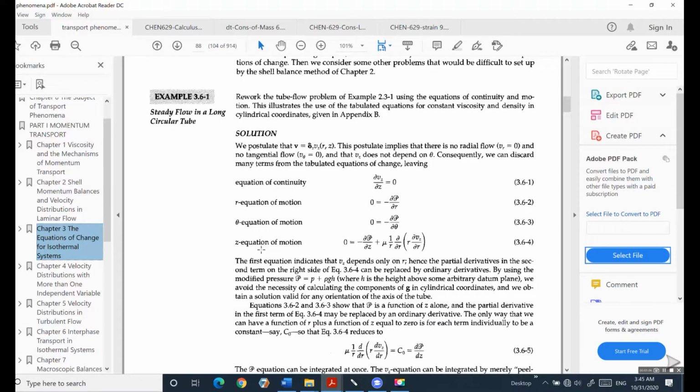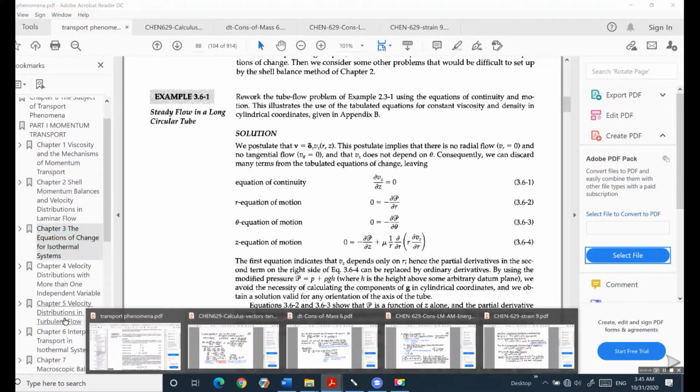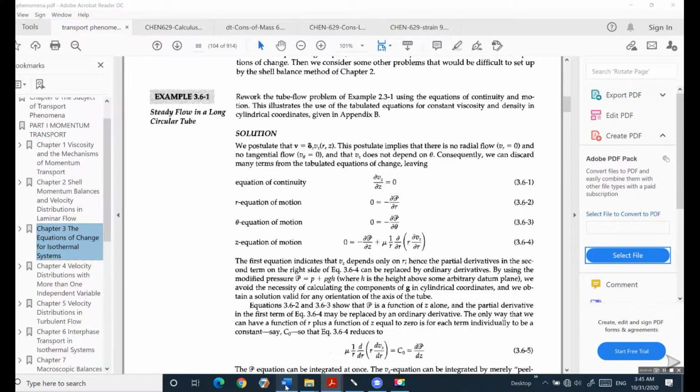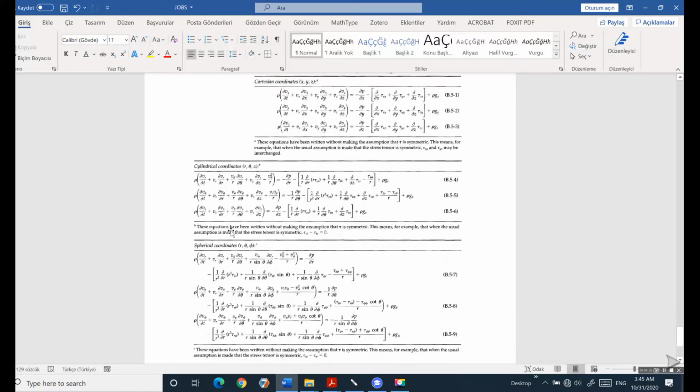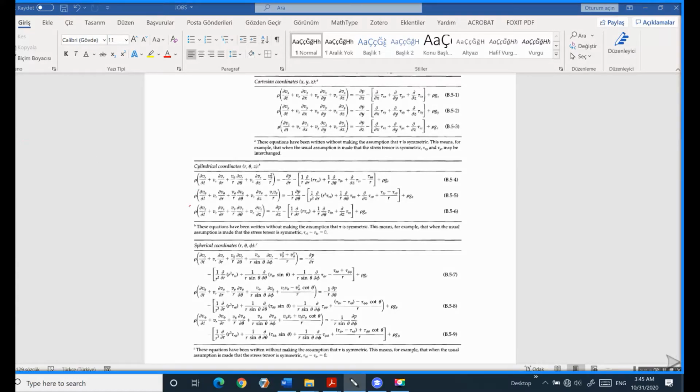Now we are in the z direction. What if we go again to appendix B? Similar again, the cylindrical coordinates in the z direction here. We see we obtain only a function of r, not of t and not of z. This is r. That's why this term is going to be 0.